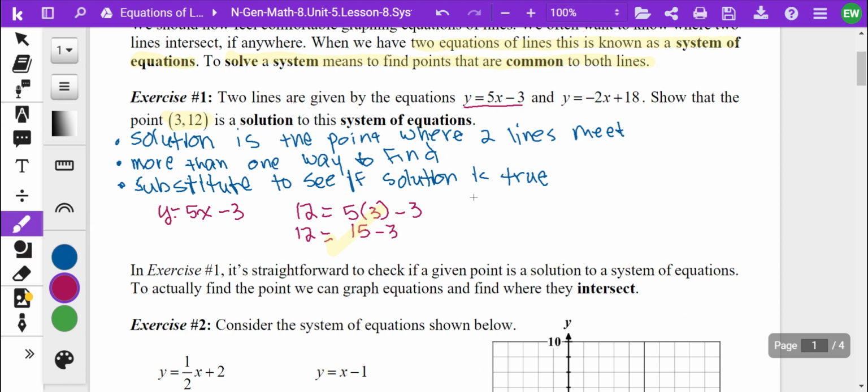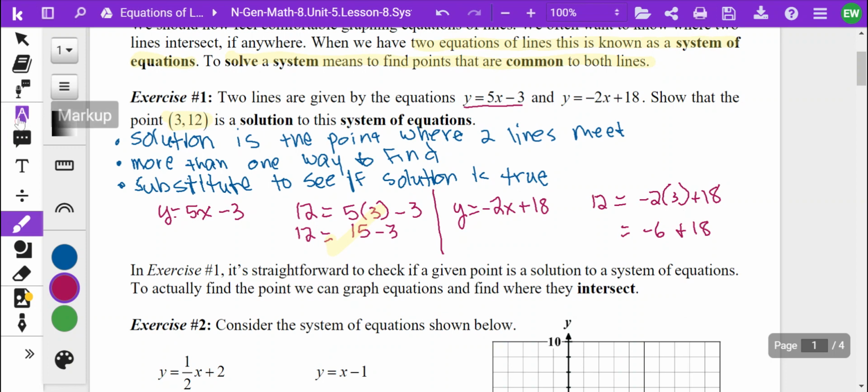Let's try it with y equals negative 2x plus 18. So my y was 12. Does negative 2 times 3 plus 18 equal 12? So negative 2 times 3 is negative 6 plus 18.